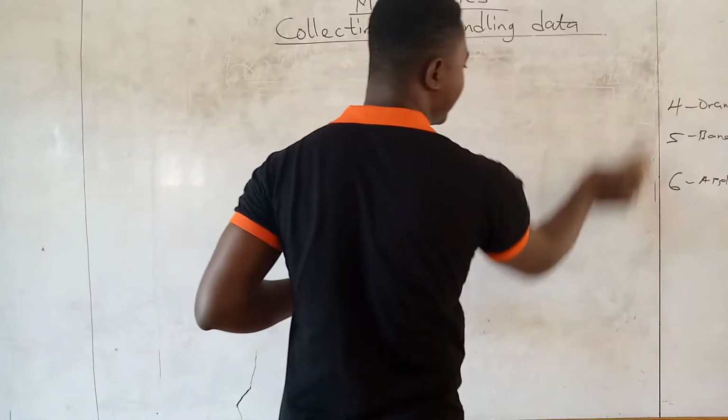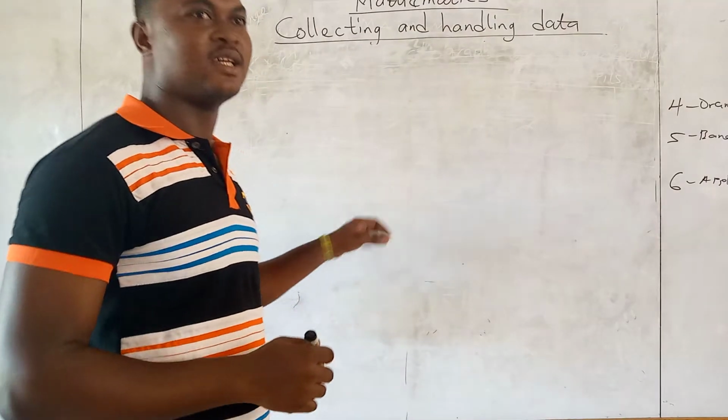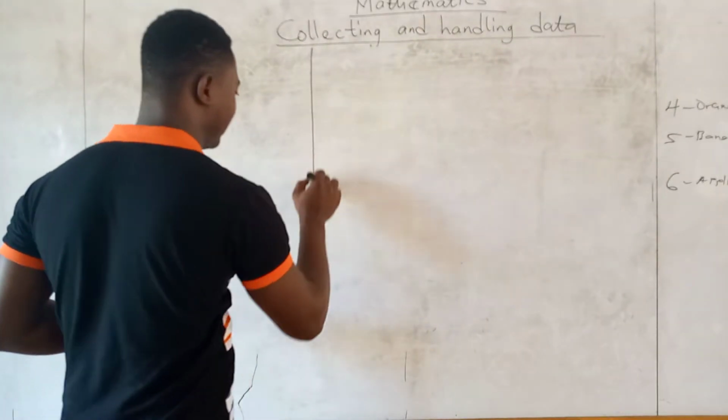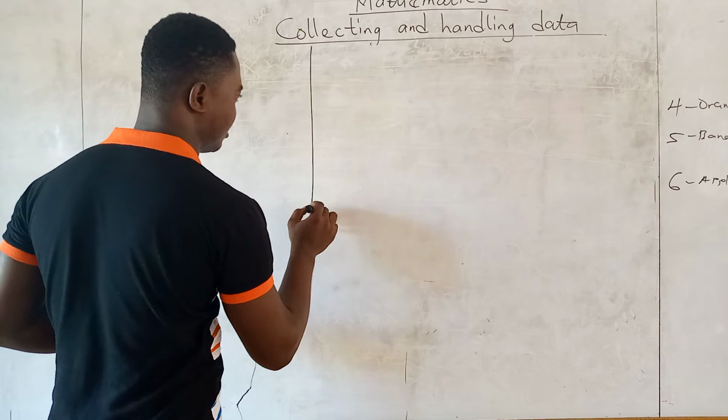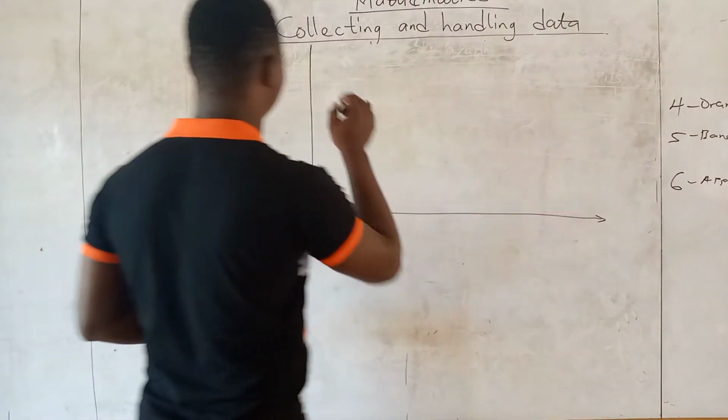Now the graph looks a little different. So we pay attention. We are going to have a vertical line here, and then a horizontal line in this way.